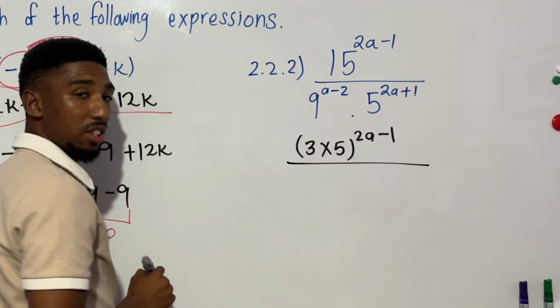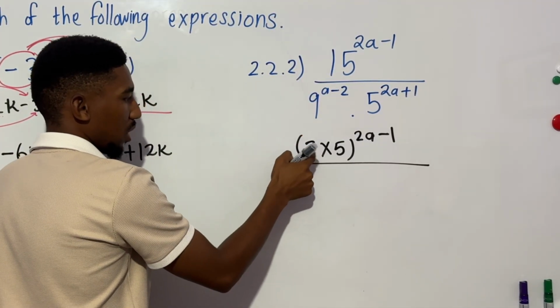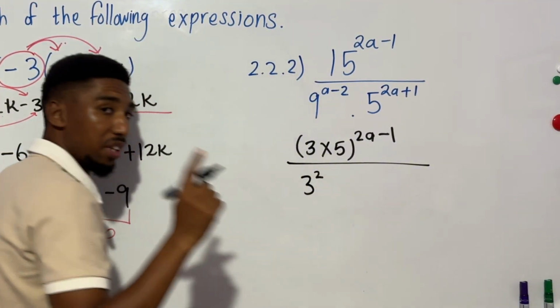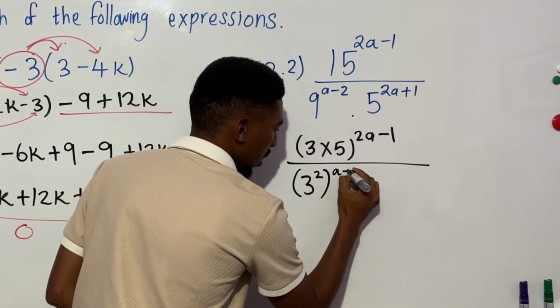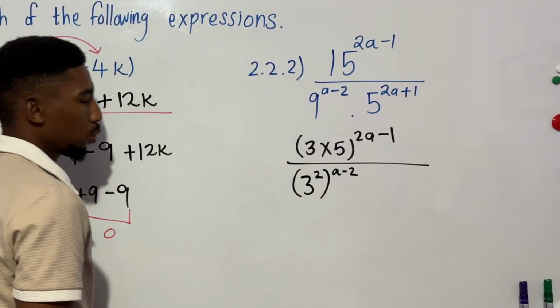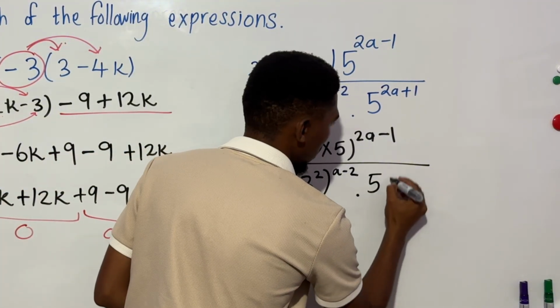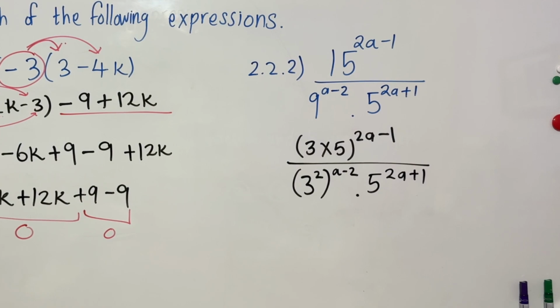This 9 we can change to be 3 squared. That helps us now because we have now another base that is similar. So we have 3 squared, very important, brackets. And then we write our exponents, a minus 2, dot, which means multiplication, 5 to the 2a plus 1.